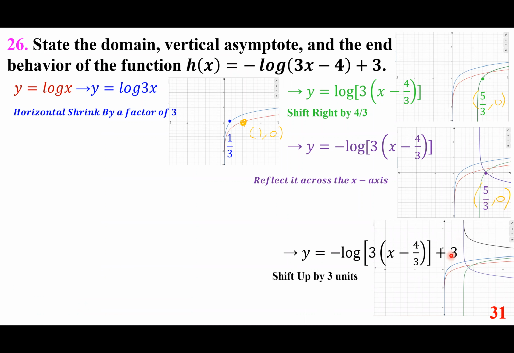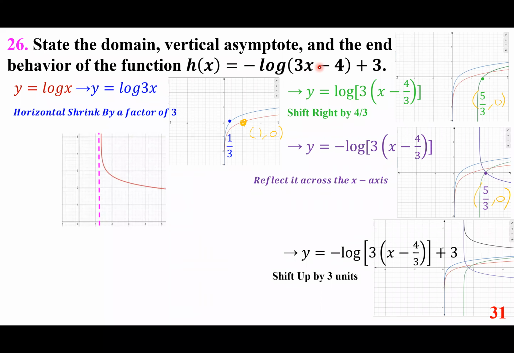Since the y coordinate is 0, it becomes (5/3, 3). And then this is your vertical asymptote. To find the vertical asymptote, if you set 3x minus 4 equal to 0, x equals 4/3. So VA would be to set the argument of the log equal to 0.